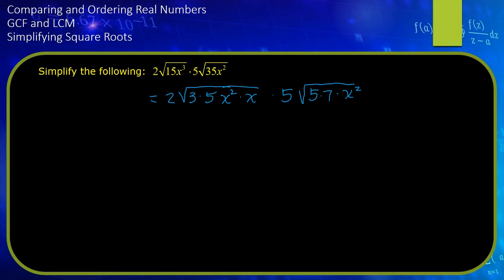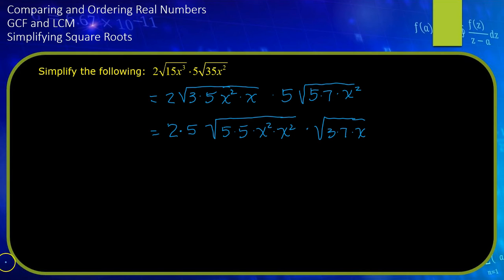And there's a very specific reason why I'm keeping the x squared and x the way that is. And the 5 times the square root of 35x squared becomes the square root of 5 times 7 times x squared. So when I rearrange this, the 2 times 5 I'm going to put together because they're both numbers that were outside of the radical, so they would multiply together.